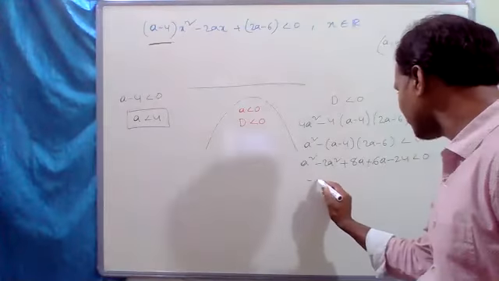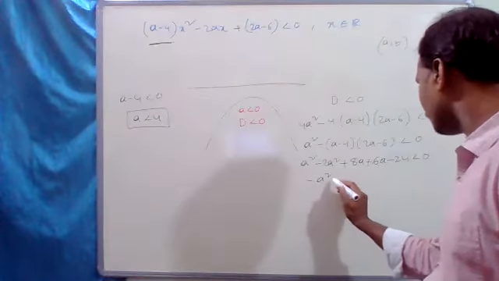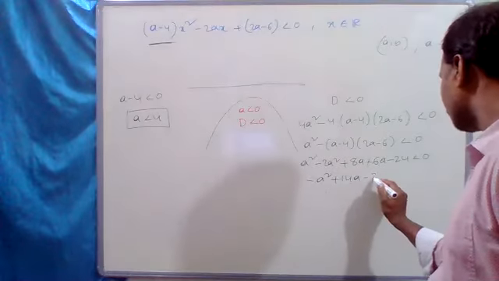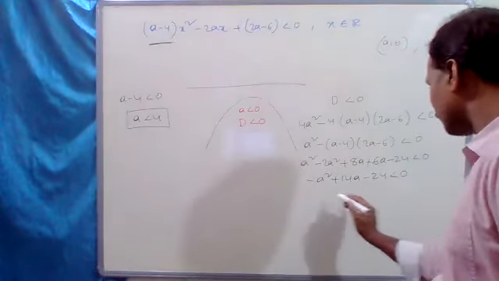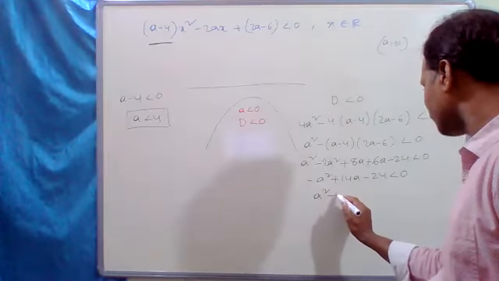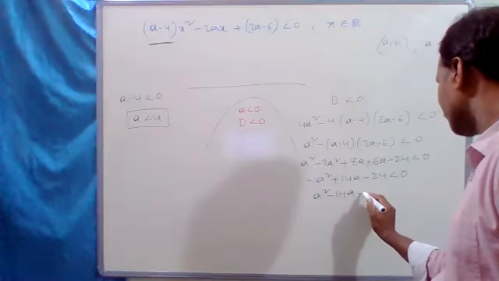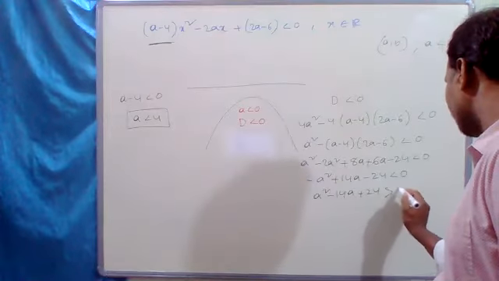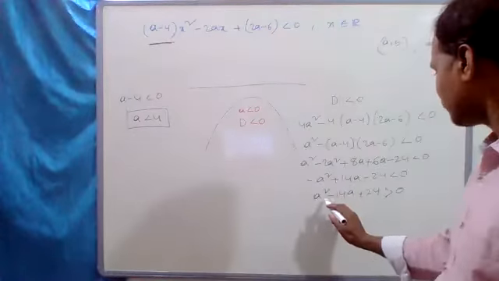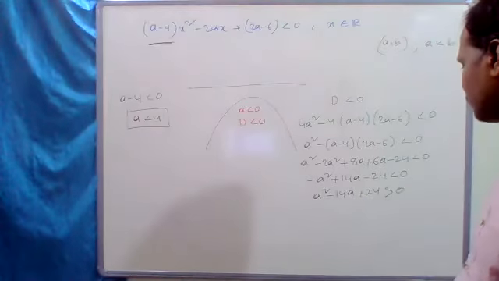So that is minus a square plus 14a minus 24 less than 0. Taking minus as common, a square minus 14a plus 24 is greater than 0.